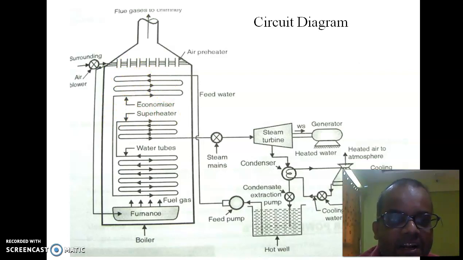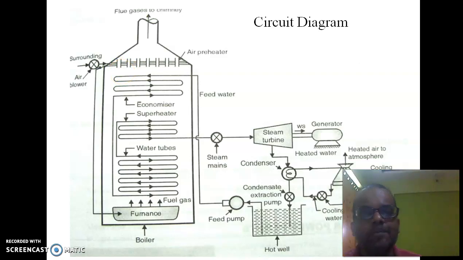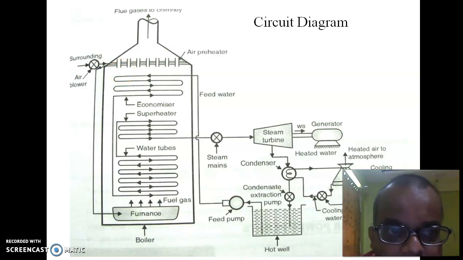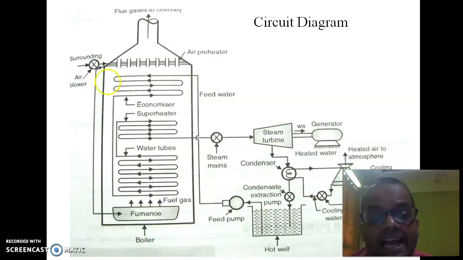Suppose instead of atmospheric air, we use preheated air for the combustion process, that is, the burning of fuel. Then what will happen? The time taken by the fuel to combust will be less, the amount of fuel will be less, and the combustion will take place properly.